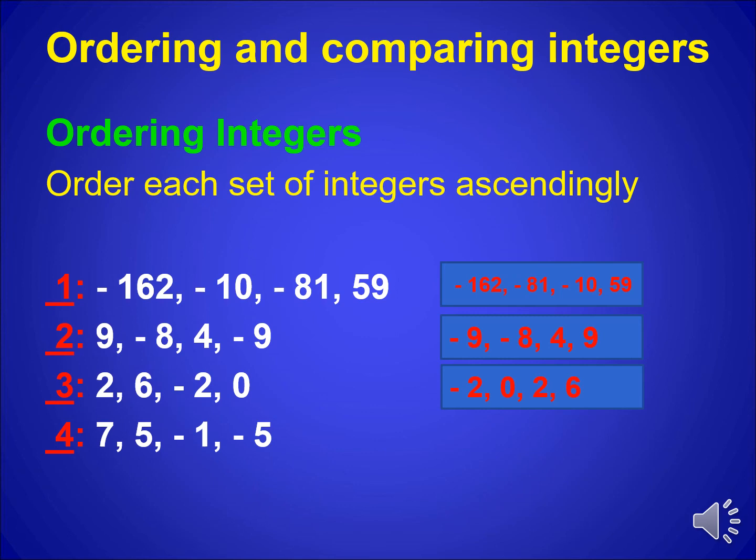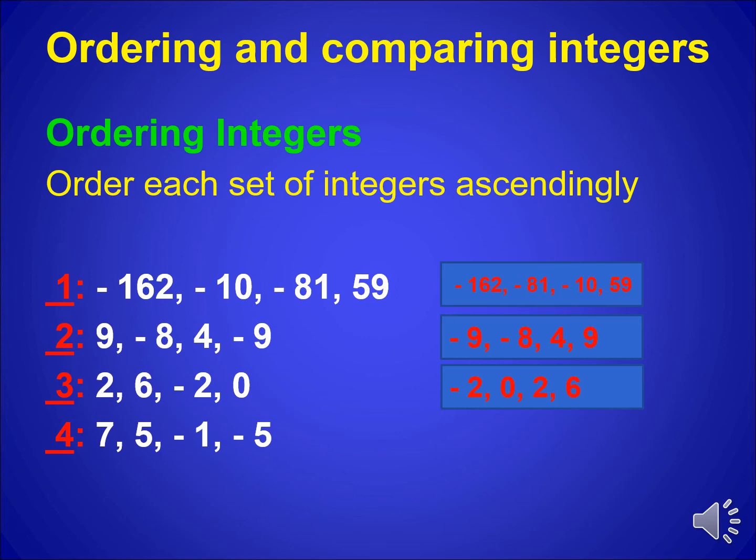Number 4, I have 7, 5, negative 1, negative 5. I need to order the integers ascending. So which one is the smallest? I'm looking for the smallest in the negative, right? Because the negative is smaller than the positive.